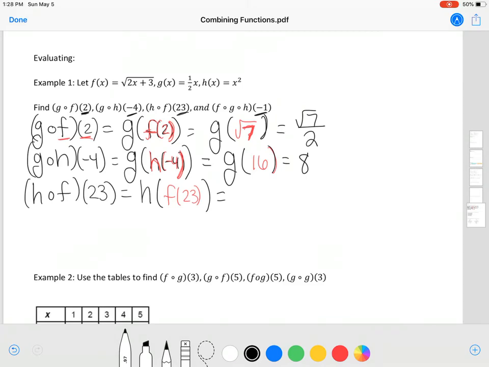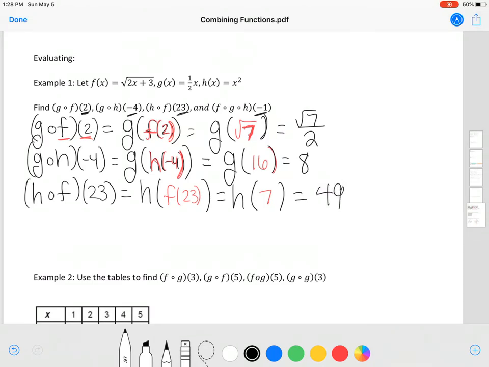I can take the square root of 49, that's 7. So I'm going to replace f of 23 with 7. But now I have to take 7 and plug it into h. h is x squared, so when I plug the 7 into the x squared, that gives me 49.